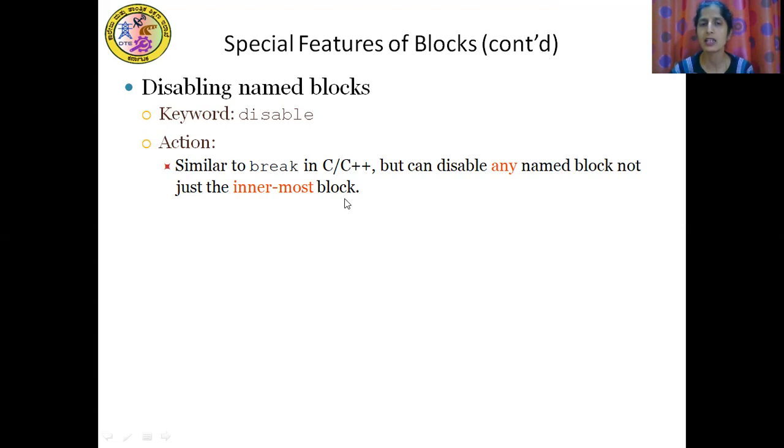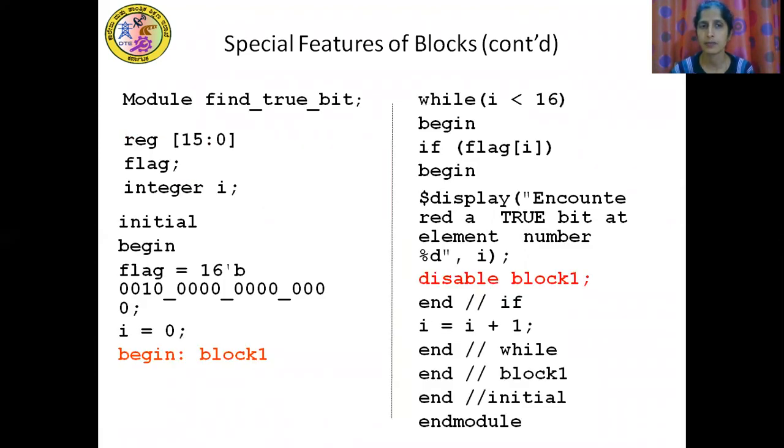Let's understand this with an example. Here we have chosen an example module named find the true bit. Here we have a register that is 16-bit and the name is flag.